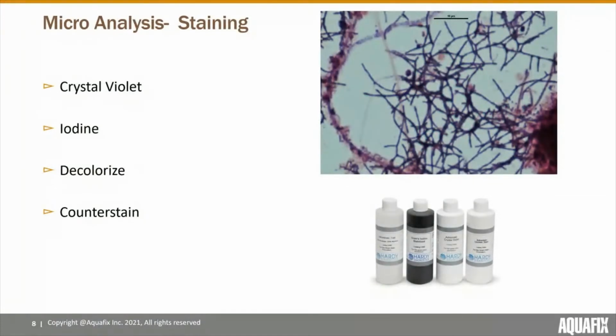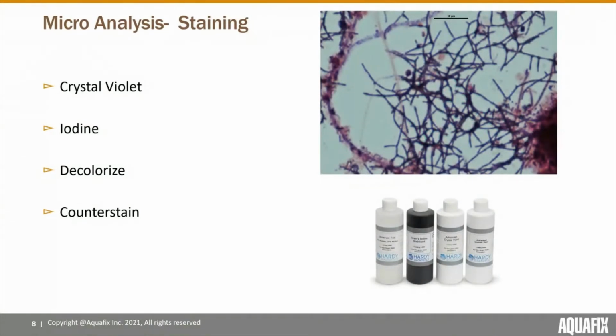And then you follow that up with a decolorizing step, which washes off the crystal violet stain from all of the things that are not gram-positive, therefore separating gram-positive and gram-negative filaments. And then you apply a counterstain, which is Gram's safranin stain, which makes all of the non-gram-positive things appear kind of a reddish color. That gives you a little better contrast, and it helps to cover up any residual crystal violet that may be present on the filaments.